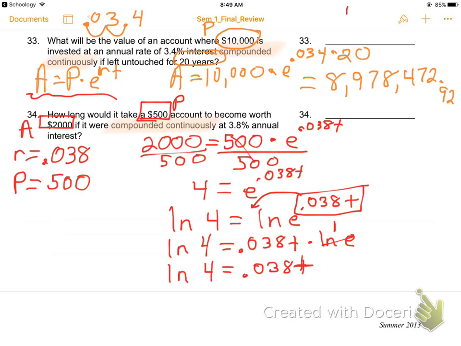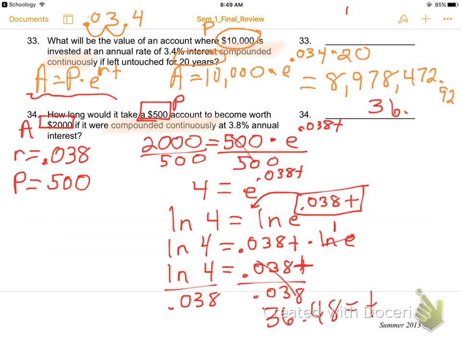To get T alone, they're being multiplied. I undo it by dividing each side by 0.038. And when I put that in my calculator, the natural log of 4 divided by 0.038, I get 36.48. 36.48 equals T.